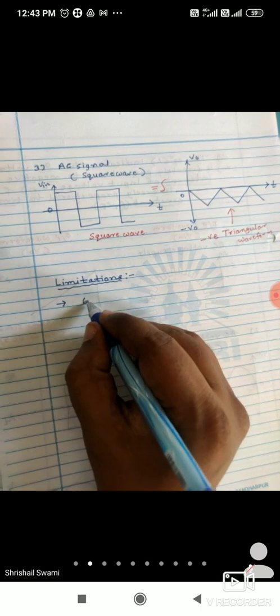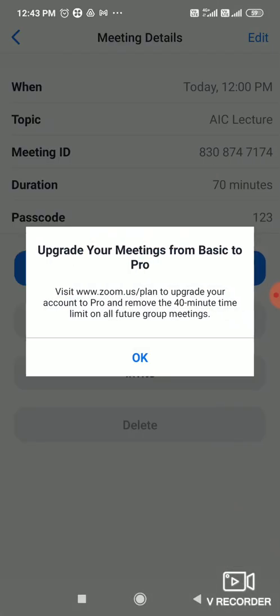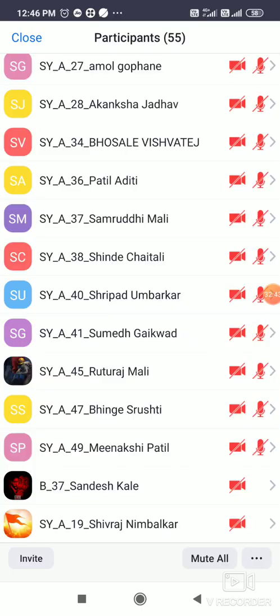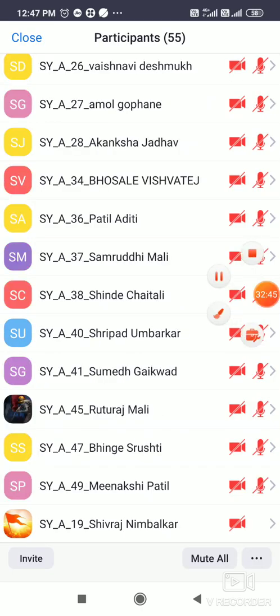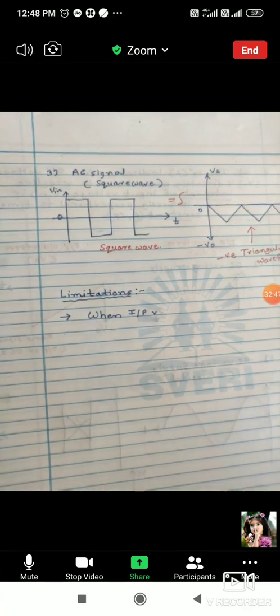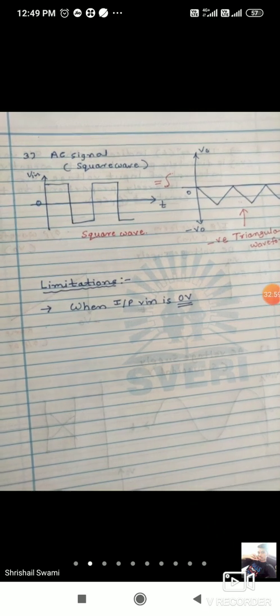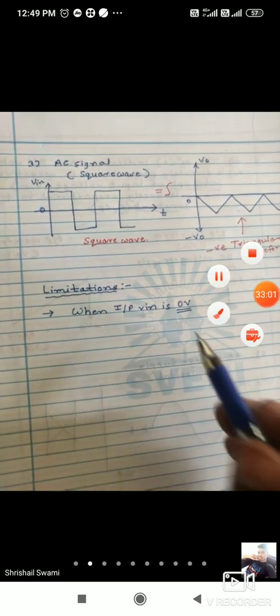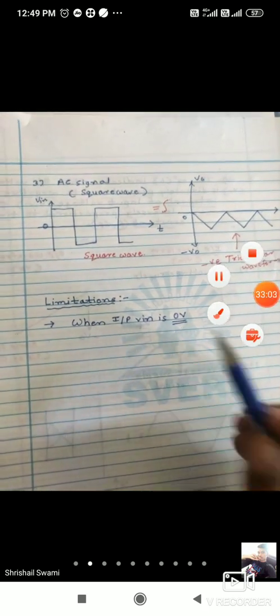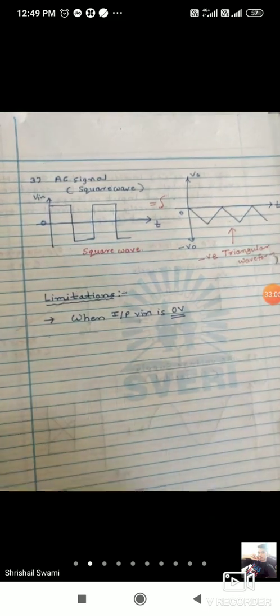Now, screen is visible? Okay, so when input Vin is 0 volt, म्हणजे जेव्हा इनपुट नसतो, when the input is not present, at that time what is the output we are getting, that we are discussing, that is the drawback.